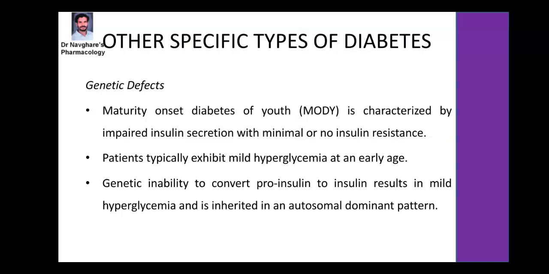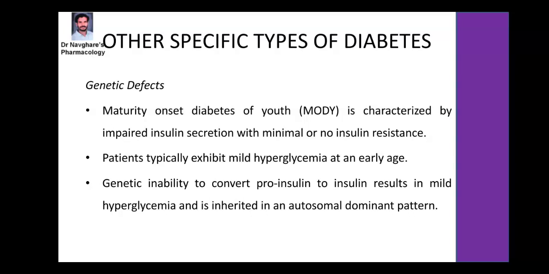There are some other types of diabetes that may be due to genetic defect. MODY, that is maturity onset diabetes of youth, is characterized by impaired insulin secretion with minimal or no insulin resistance.